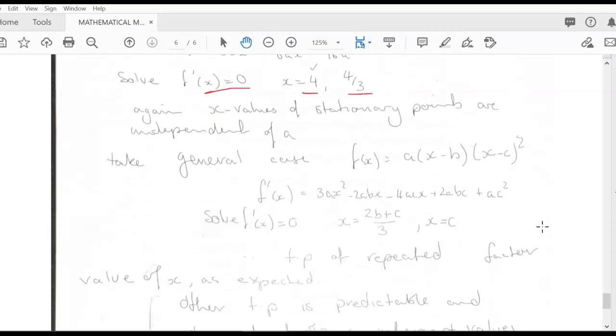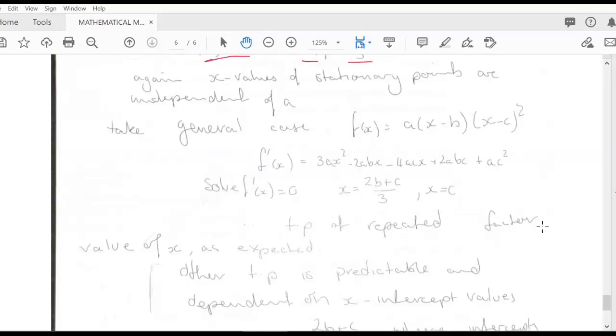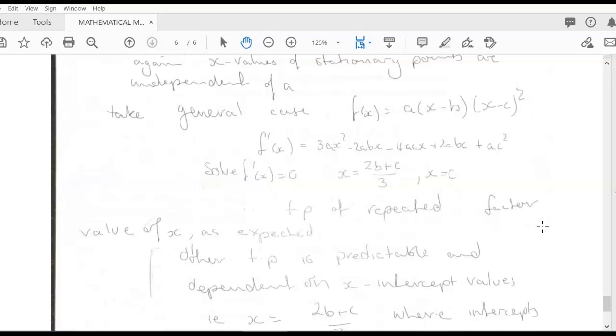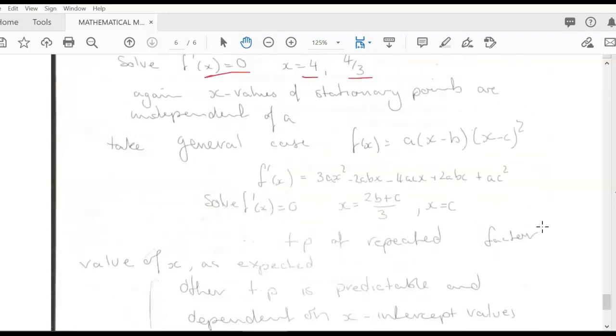So take the general case, f(x) equals a times (x minus b) times (x minus c) squared.